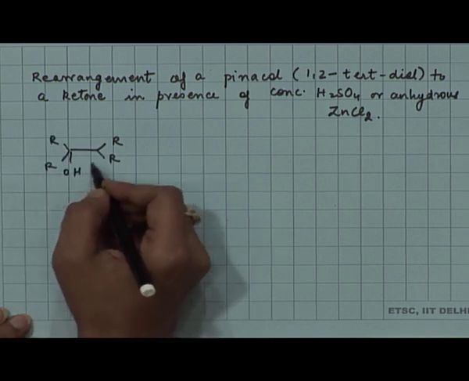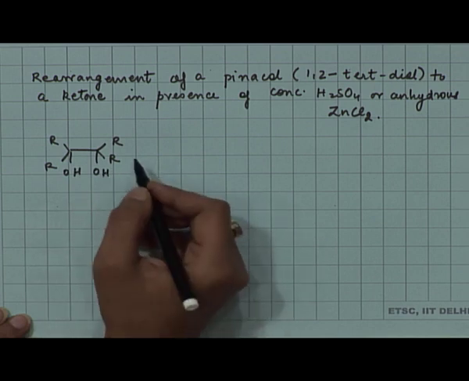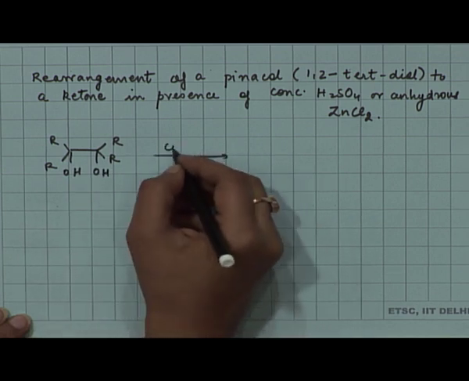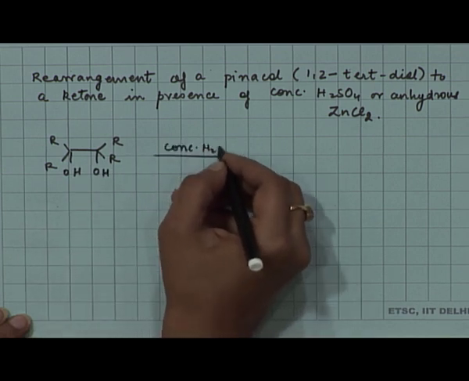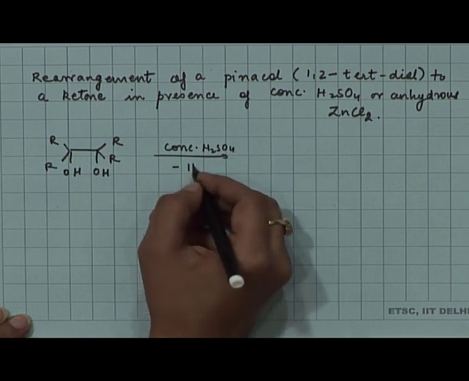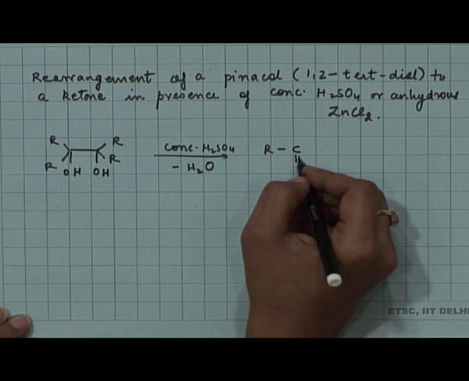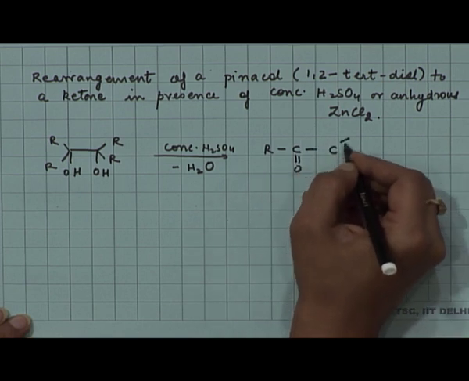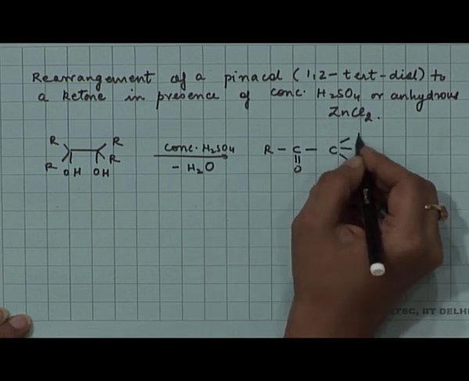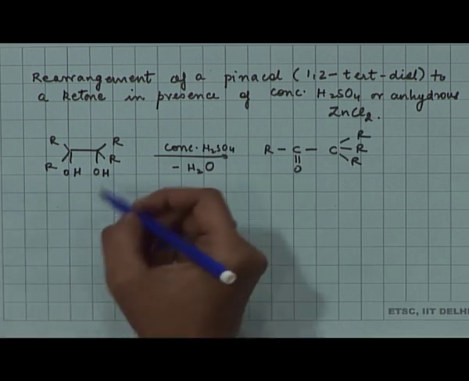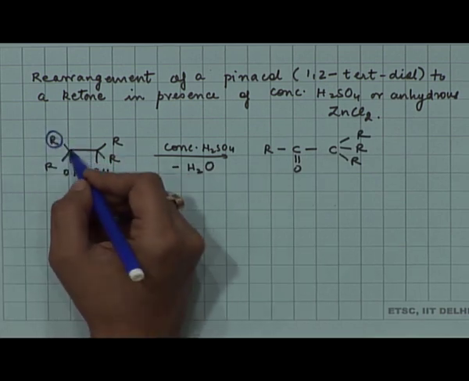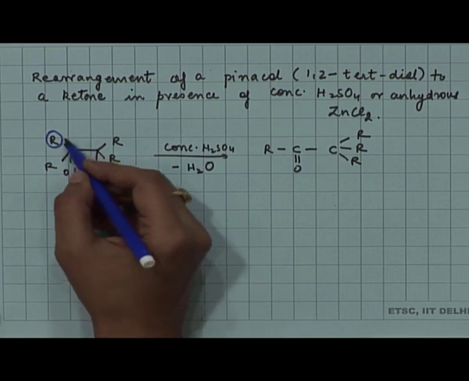So, you start with this pinacol and you treat it with concentrated H2SO4. It undergoes elimination of a water molecule, and in the process what you get is this ketone, in which there is a migration of an alkyl group from carbon 1 to carbon 2.